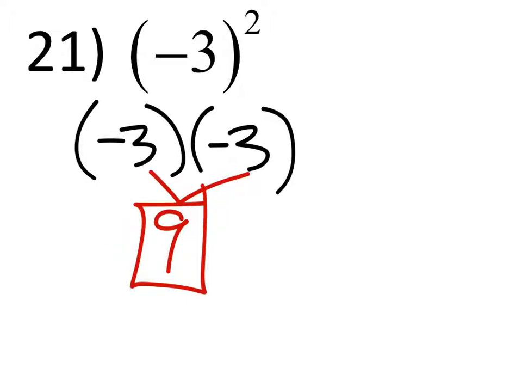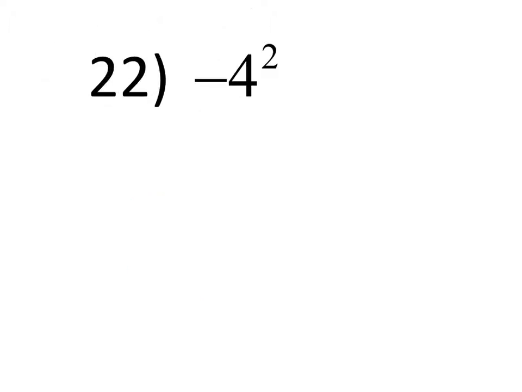That one has a negative inside the parentheses. 22 does not have a set of parentheses. So what this means is that I've got the opposite of 4 times 4. Without that set of parentheses, we only have one negative in this case.